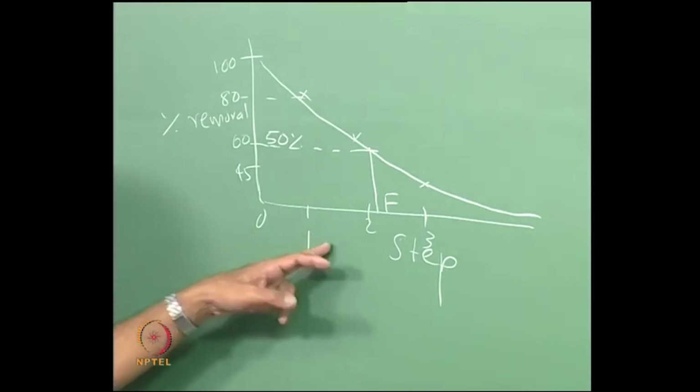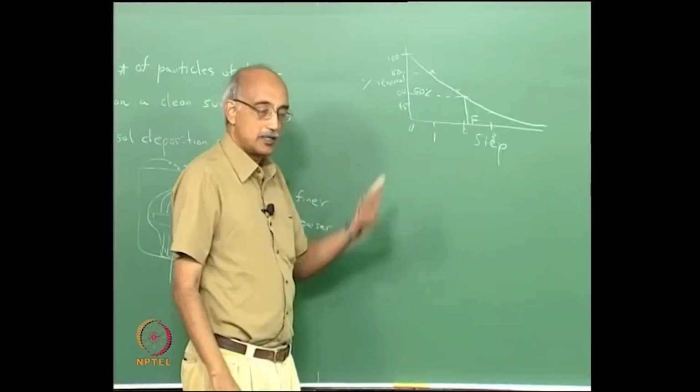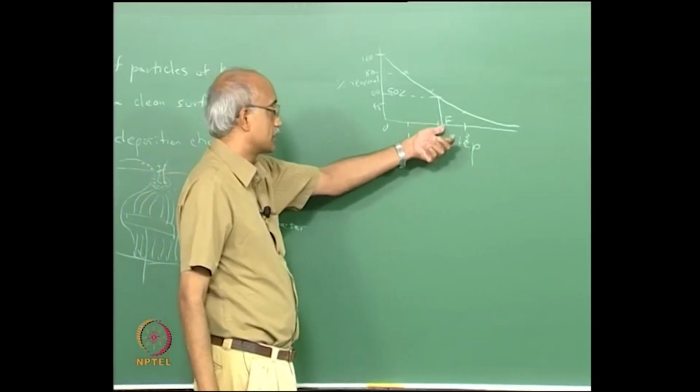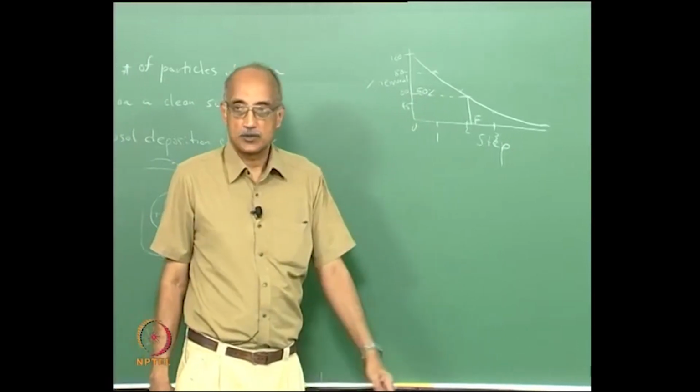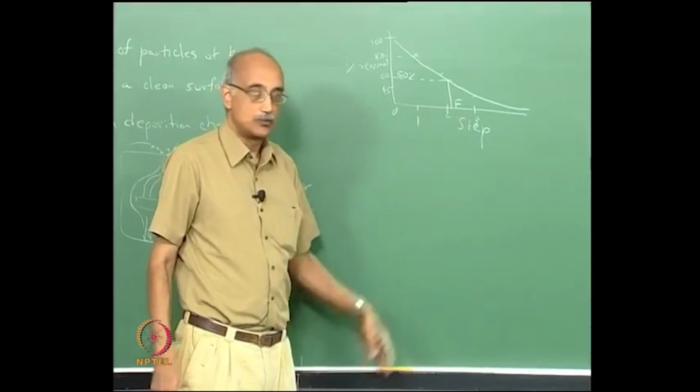Now, corresponding to each of these stages of particle removal, you can estimate the amount of force that has been supplied to the surface. So, corresponding to the time that it takes to remove 50% of the particles of a certain size, you can estimate the corresponding force F50.